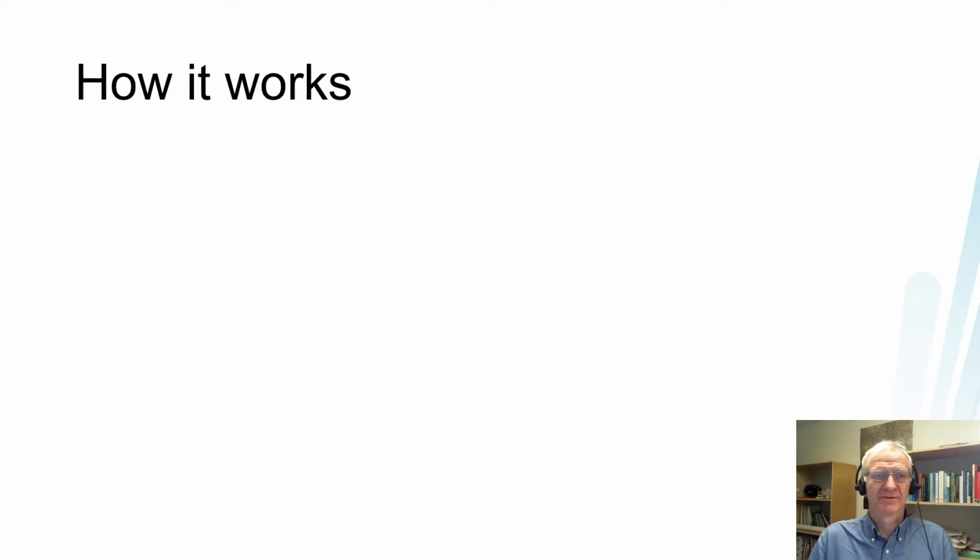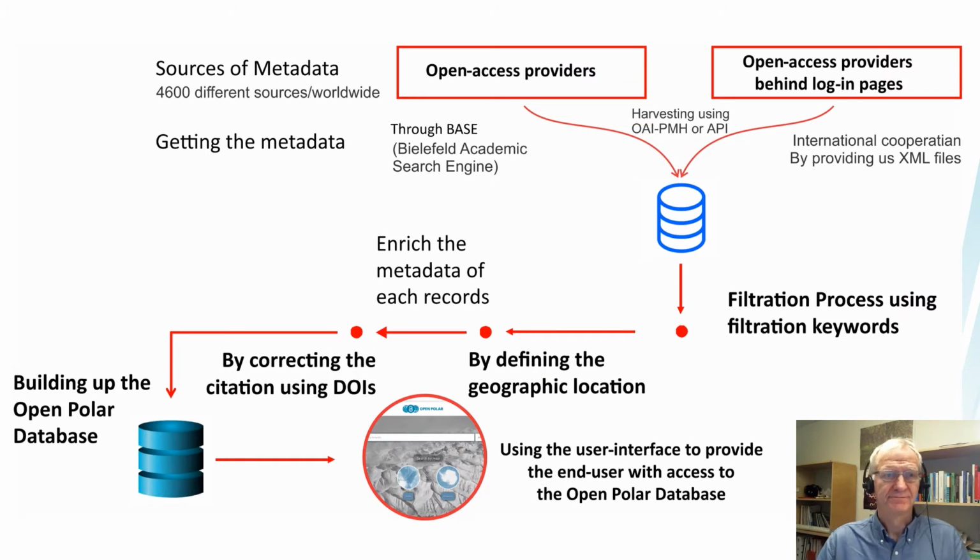So how does it work? We are making use of the vast flora of open access repositories. And a big thanks to the service BASE at Bielefeld University for letting us make use of their database. This holds records from more than 4,600 open repositories worldwide.